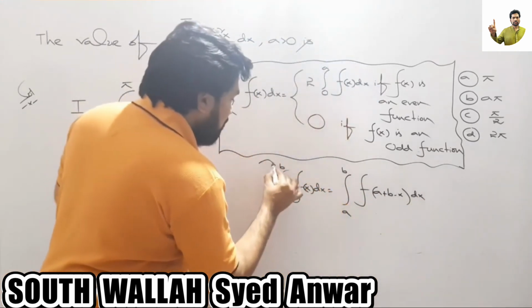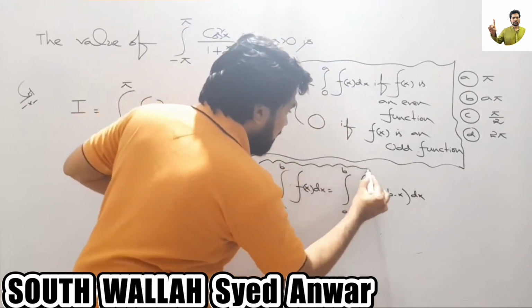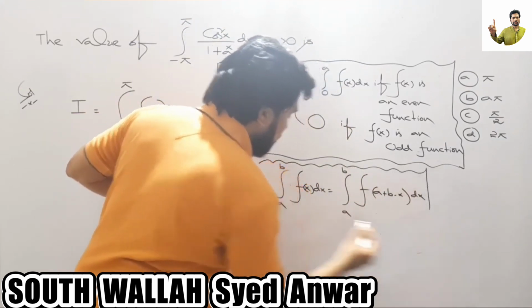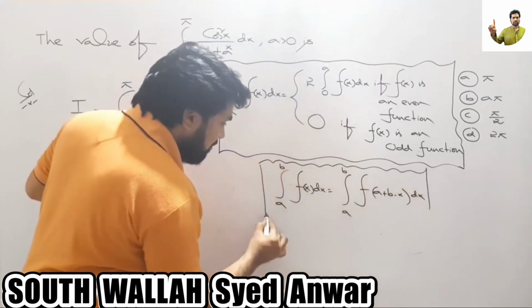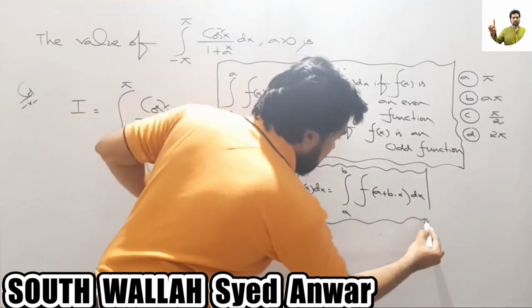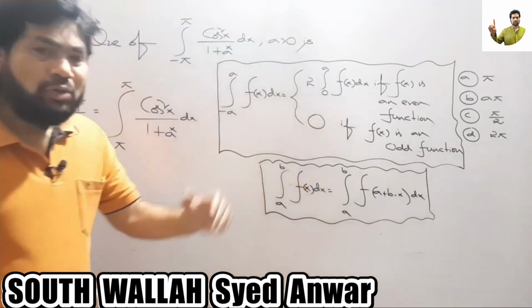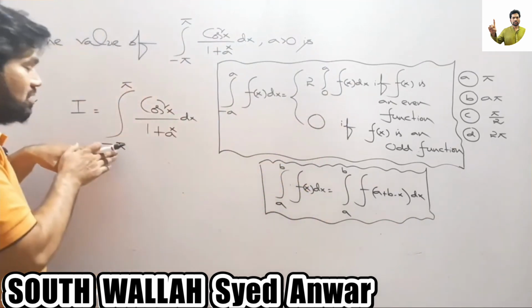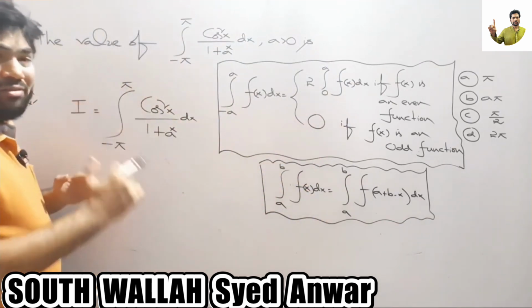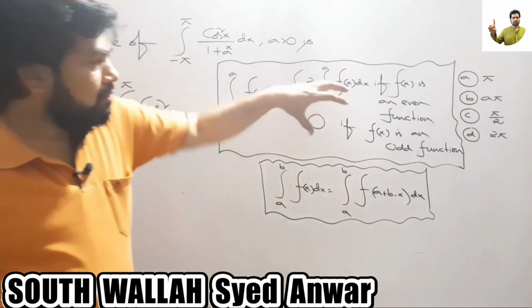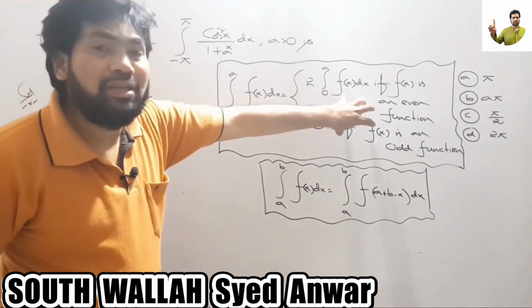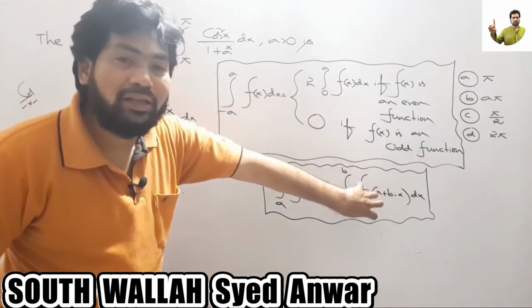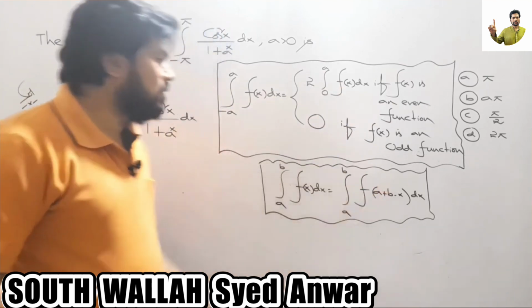We will take the support of this property. The limits here are a to b, but in our problem the limits are minus a to a form. That is the only difference. Whenever the first property fails, you have to recollect this property.